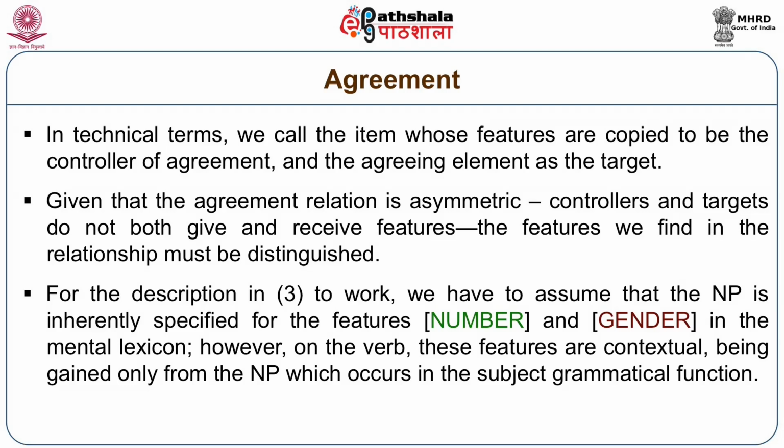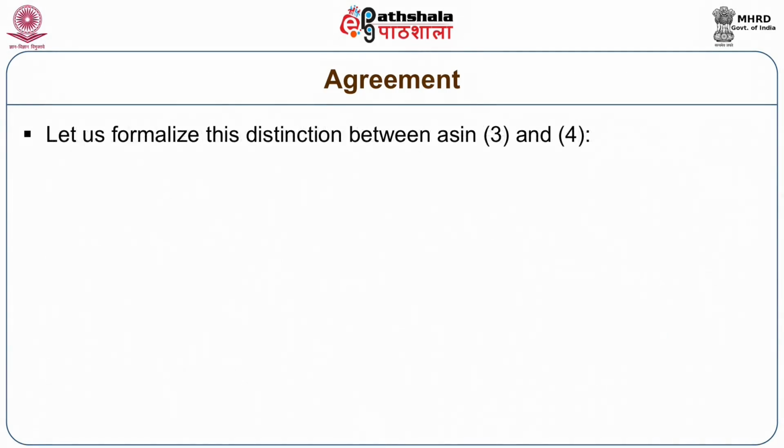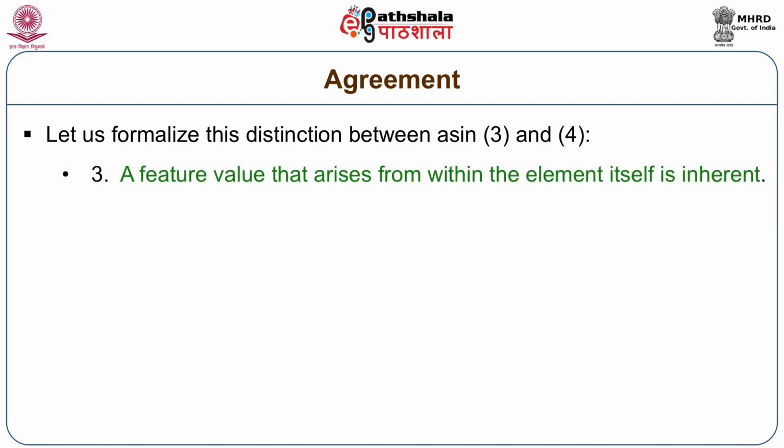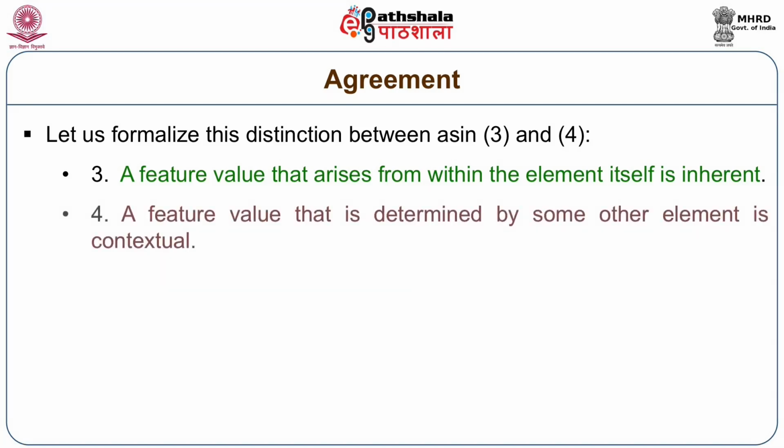This distinction can be formalized as follows. A feature value that arises from the element itself is an inherent feature. A feature value that is given by or determined by some other element is a contextual feature.